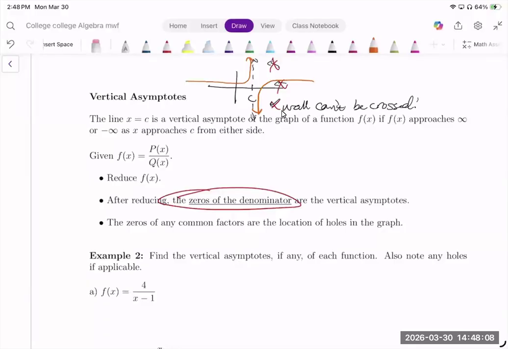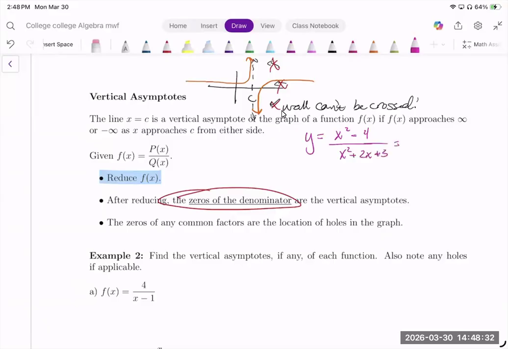So the thing we always want to do is reduce f of x first. Because if I have something like, I don't know, y equals x squared minus 4 over x squared plus 2x plus 3.